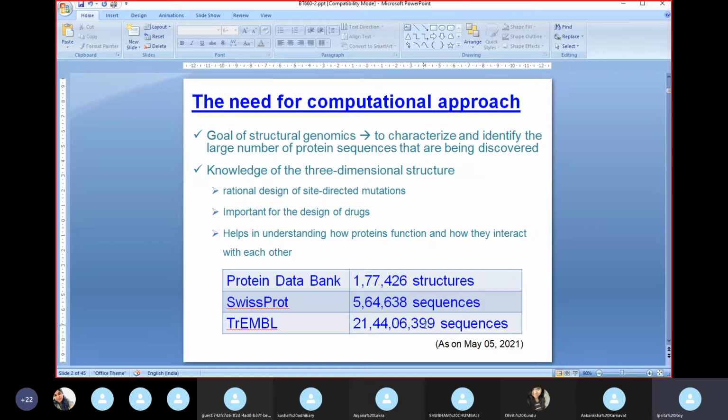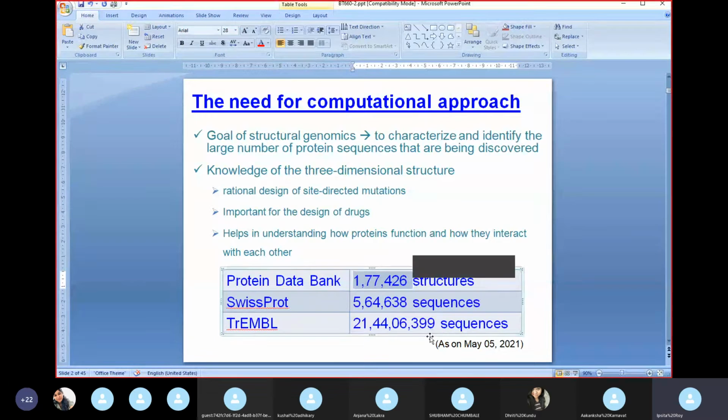Since you know DNA gives rise to RNA gives rise to protein, from there these are the protein polypeptide chains that are possible. This is the number for which we actually know the structures. So you can see there is a huge mismatch between what is available and how many proteins have known structures. These are not all proteins, there are some others also, but the majority is protein.